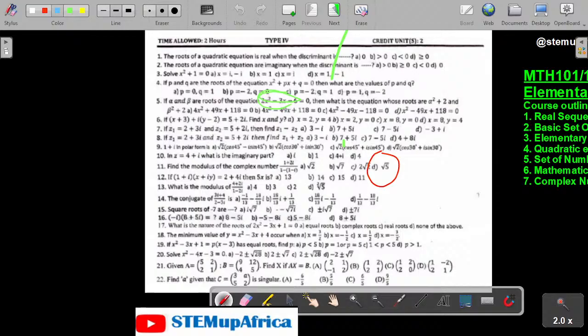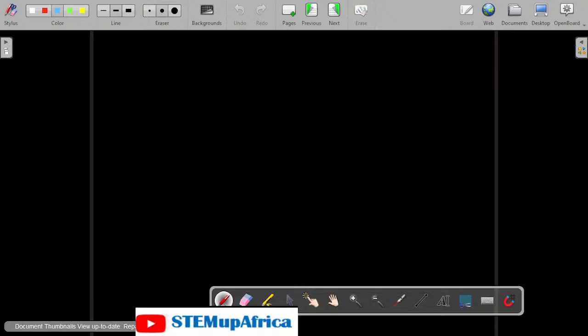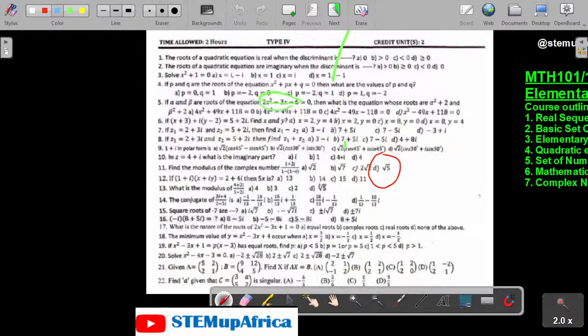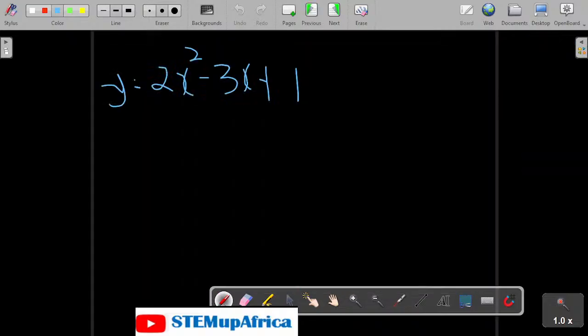So let's see how we can achieve that. The equation is given to us as 2x squared minus 3x plus 1. So we have y equals 2x squared minus 3x plus 1 equals 0.